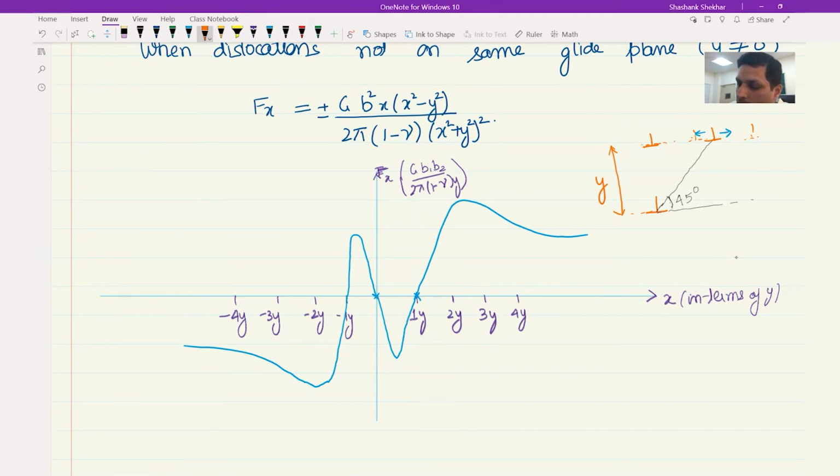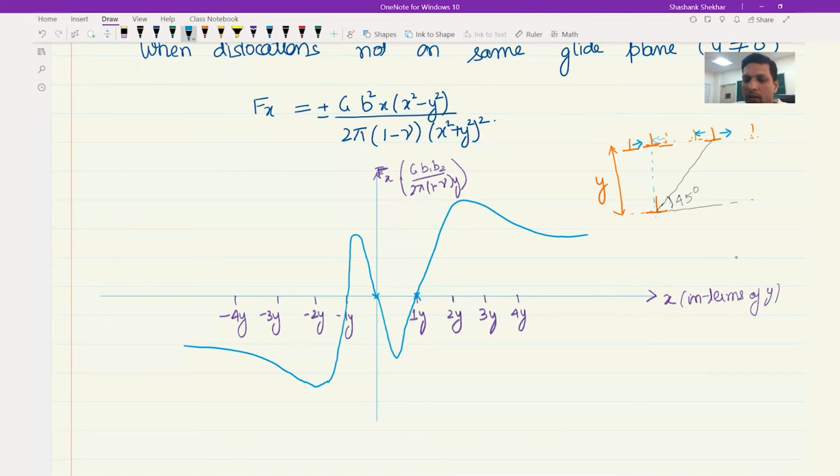So if you move a little bit over here, then it still has force acting in this direction. And if you move a little bit to the left, then it still has forces acting to the right, which means that the forces are trying to keep the dislocation aligned along this line, the 0 degree line.